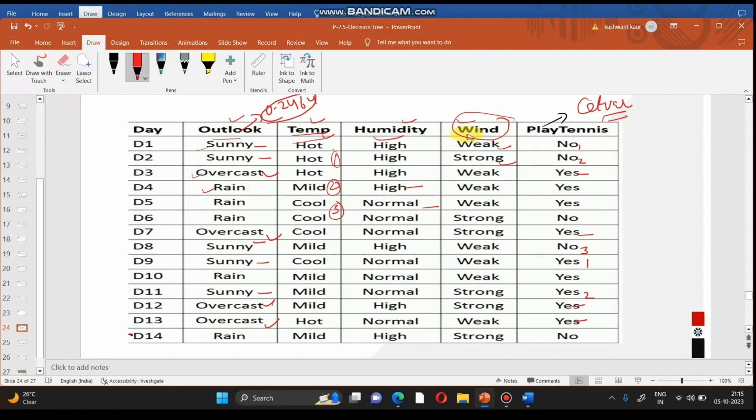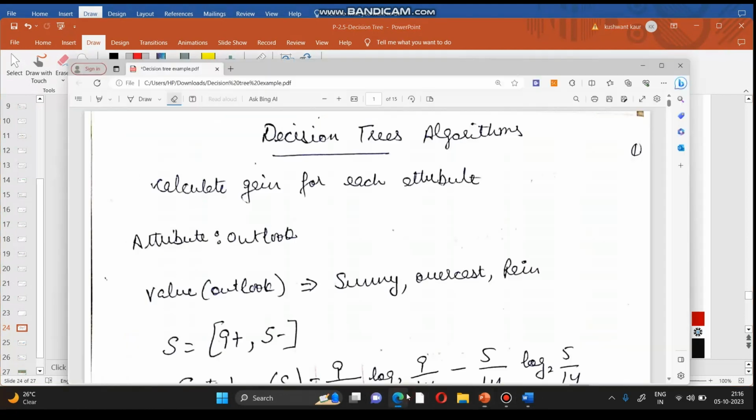We will calculate the entropy for hot, mild and cool, and take the sum of all these values along with their product with the entropies. We will subtract that from the common value of entropy, that is entropy of S, and we will get the information gain for this. So let's quickly have a look at how to solve this.